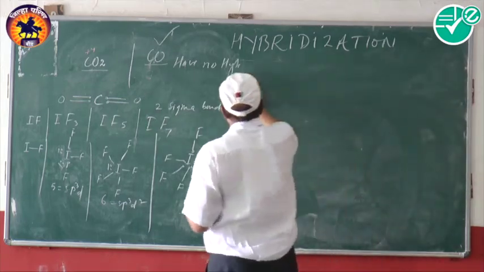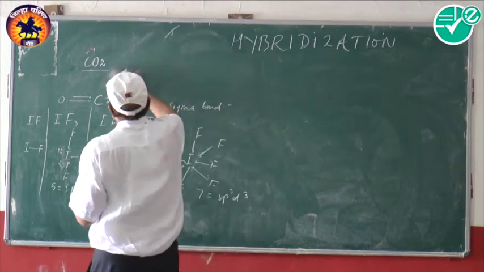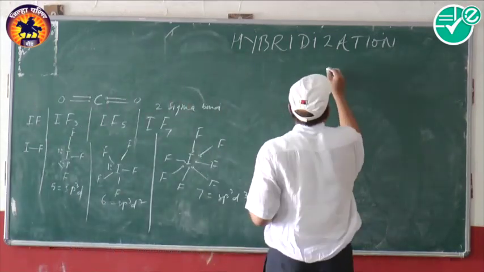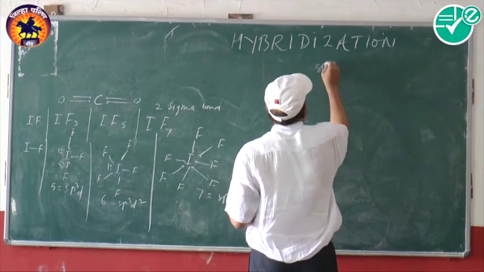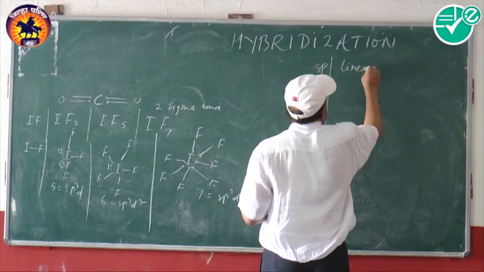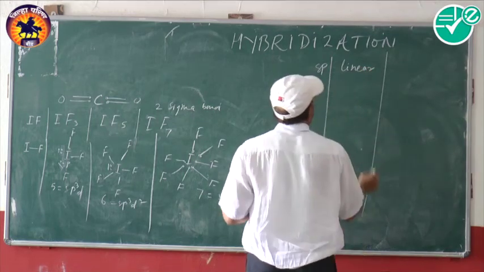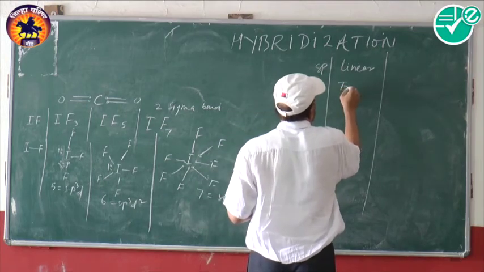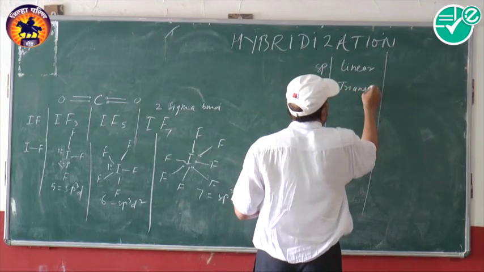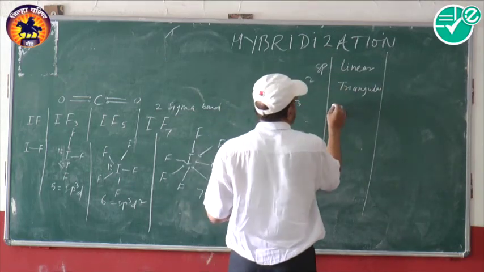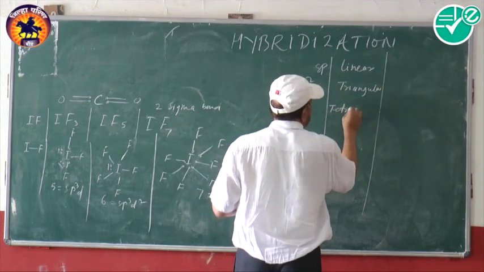Okay. Now we will discuss the shape and geometry of hybridization. See, for sp, geometry will be linear. For sp2, geometry will be triangular. For sp3, geometry will be tetrahedral.